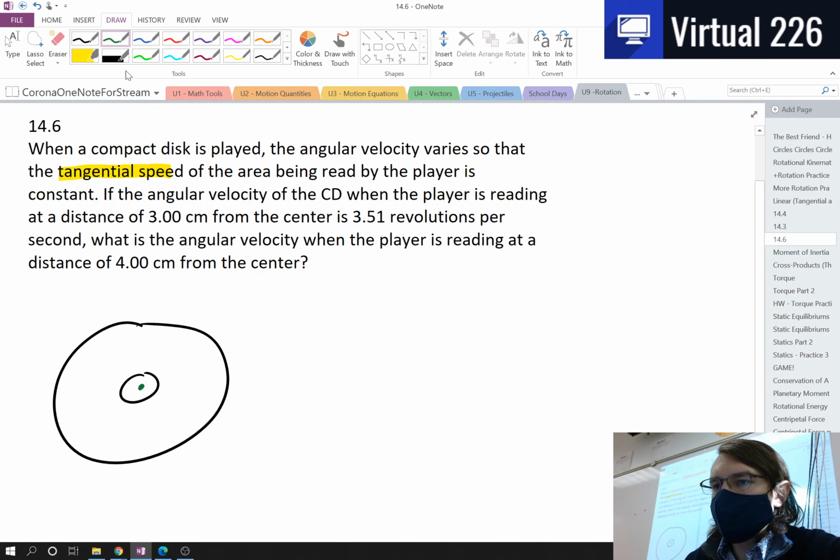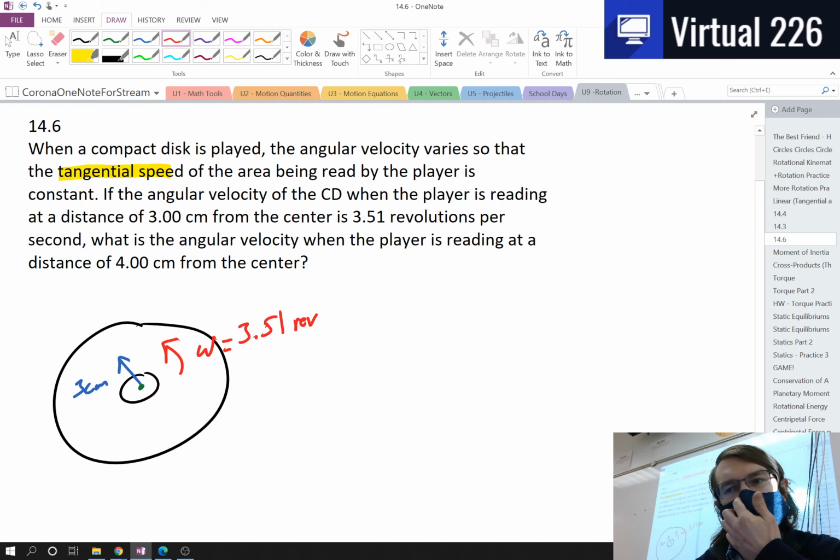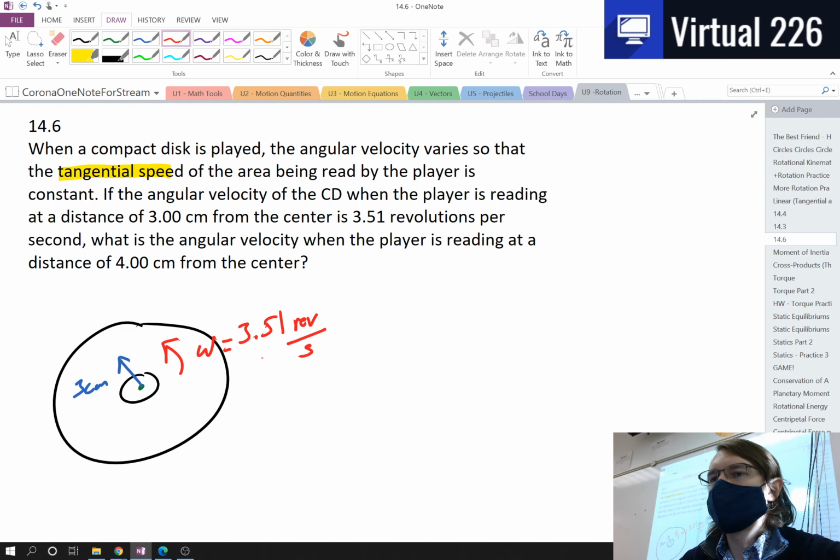We know that when this CD is 3 centimeters out, right here, we know that its angular velocity, omega, is 3.51 revolutions per second, which, let's be honest, is not a kind unit. That is not a kind unit at all. I want radians per second, not revolutions per second. So I'm going to have to do a conversion there.